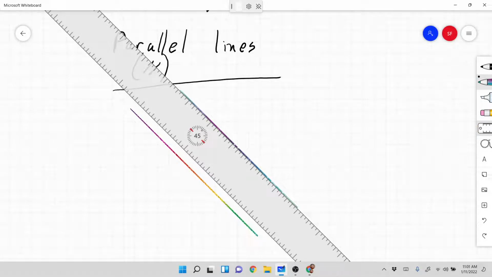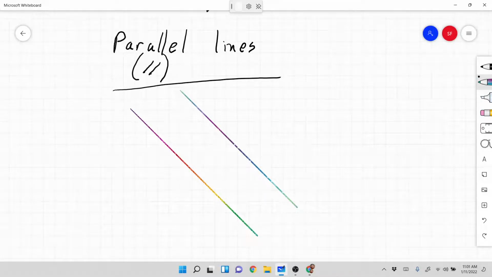They're going the exact same way. Careful with that. So for parallel lines, M1, or slope 1, equals M2. They've got the same slope. That's the entire definition of parallel lines: lines that have the same slope.